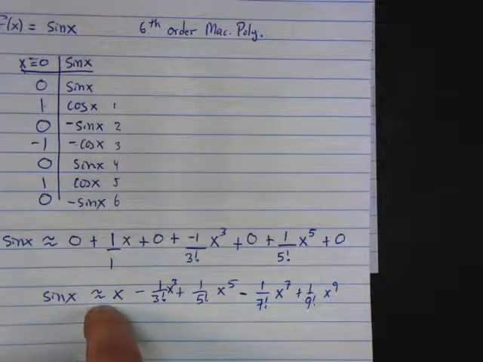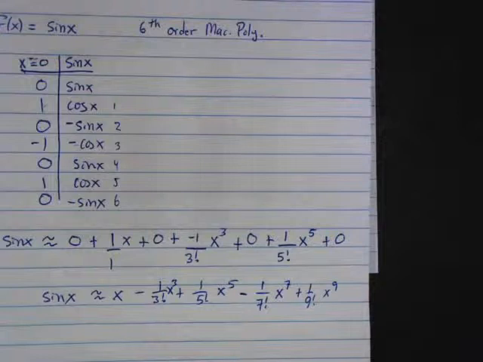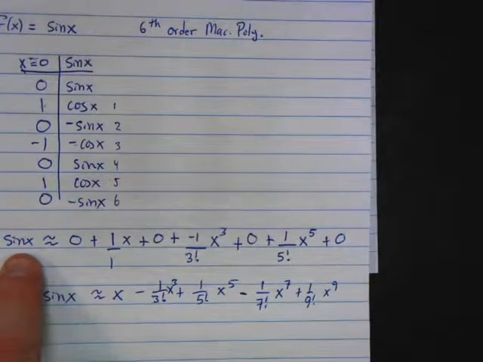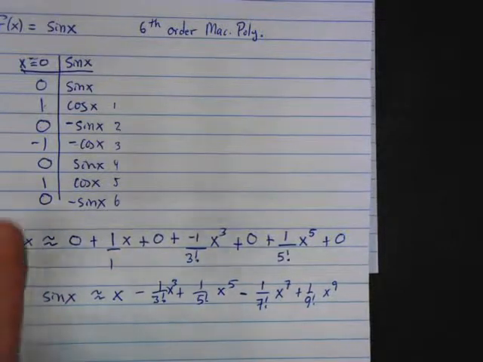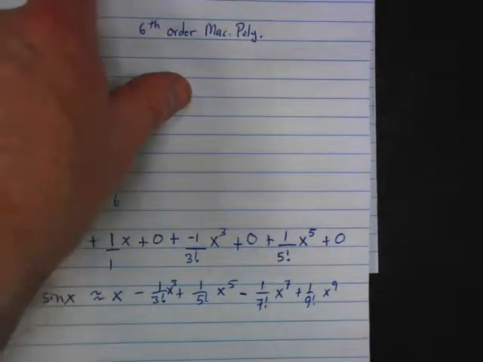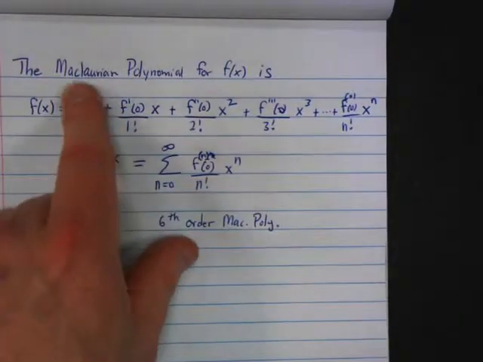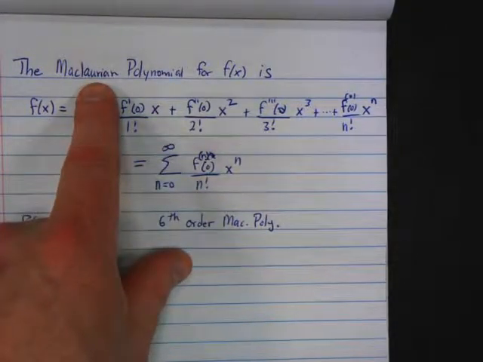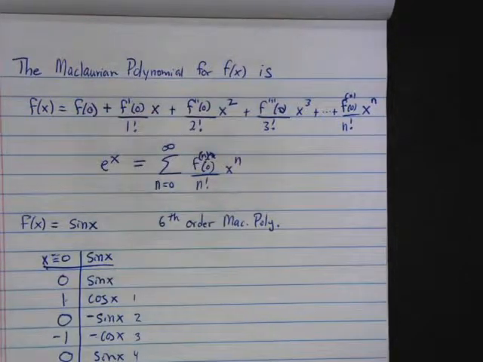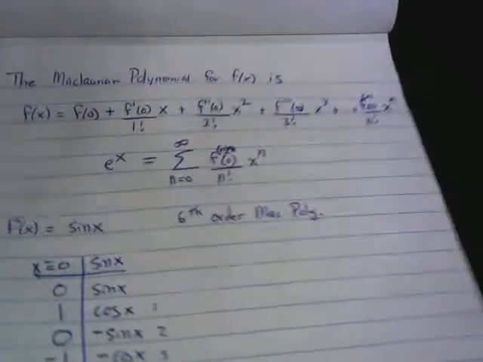It's going to get worse and worse. So if I want to plug in 2 pi, I create a different polynomial, no longer called a Maclaurin polynomial, but rather called a Taylor polynomial. So we have a slightly different definition.